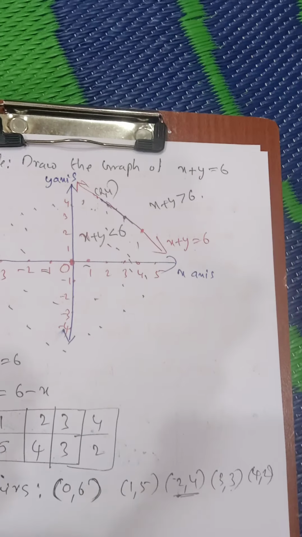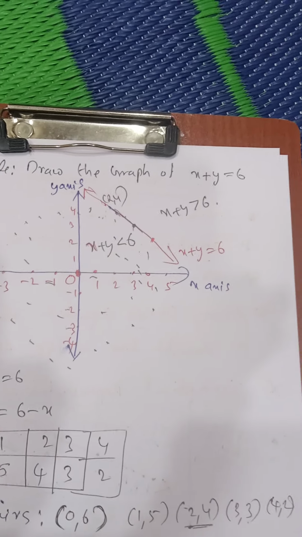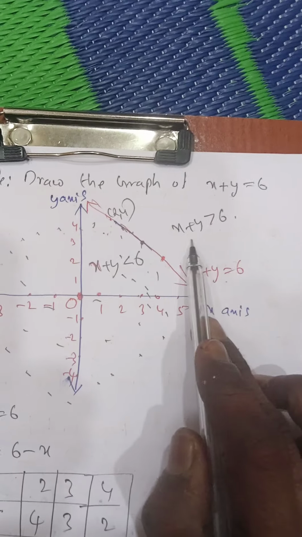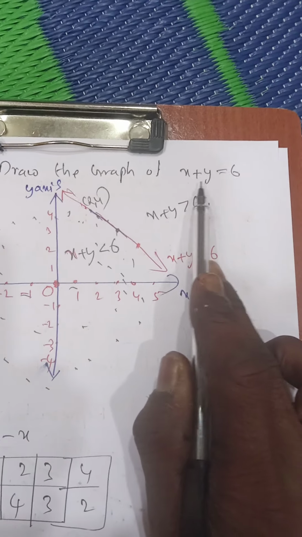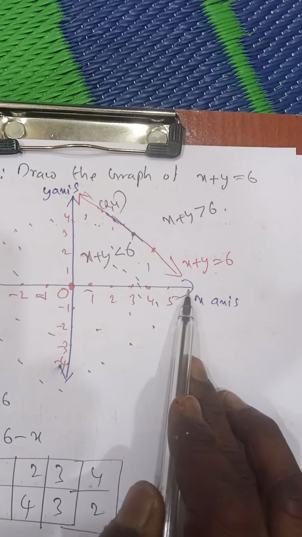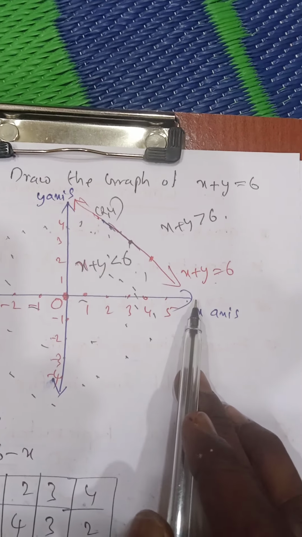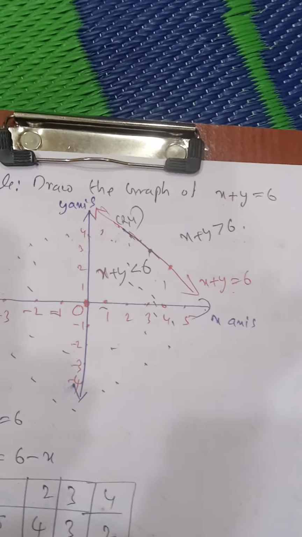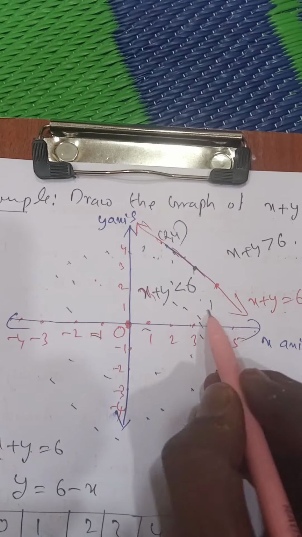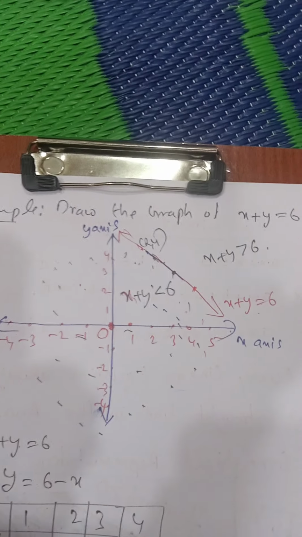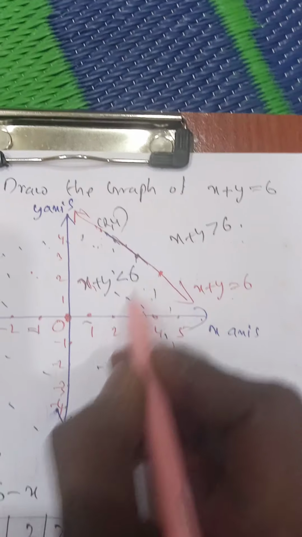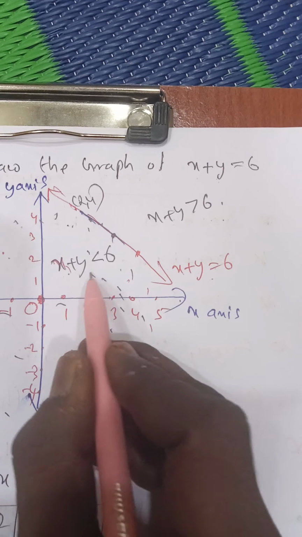So in a question, if we have to draw the graph of an inequation, then we must draw the graph of its corresponding linear equation, and you need to shade the required inequation in the plane. We have taken the points on the left side of this line, so every point will satisfy x plus y less than 6.